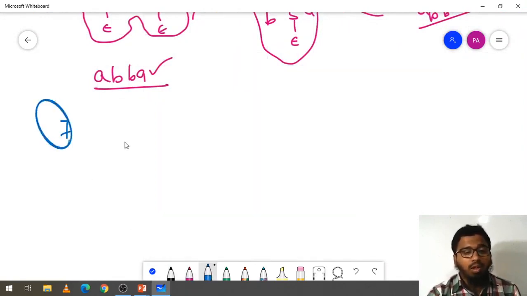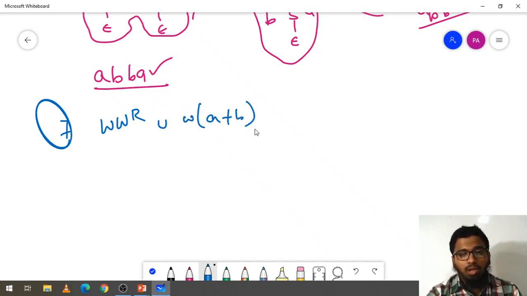In the seventh one, the example is W W^R union W (A plus B) W^R. Here this is a palindrome. What is a palindrome?